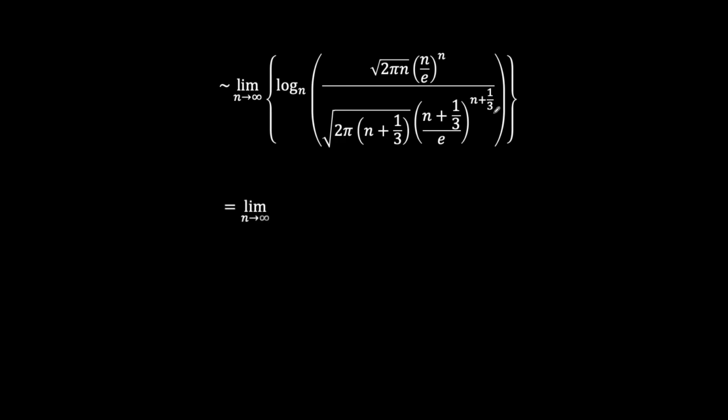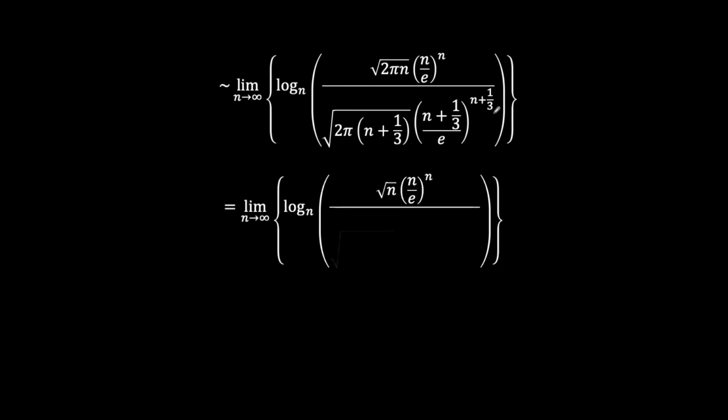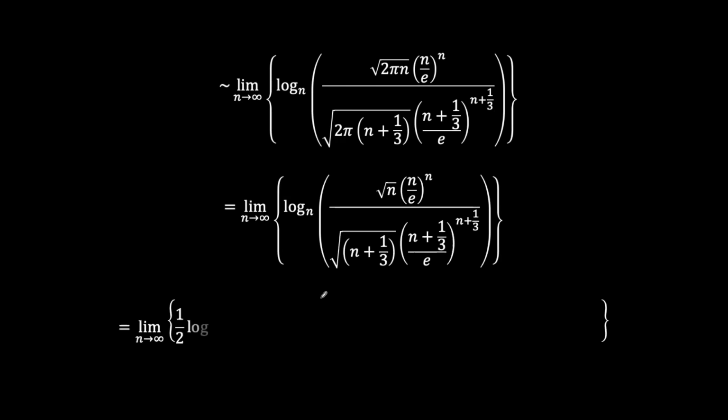And so using the rules of logarithm, we can now separate. The 2 pi's first of all can cancel out because these are constants. Those can go away. But now we can use the rules of logarithm to separate the numerator and the denominator.